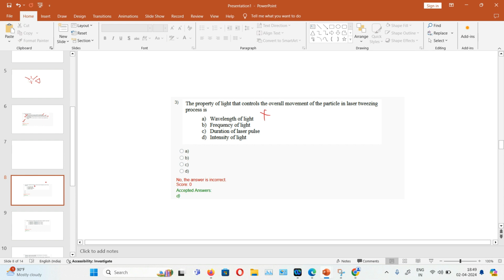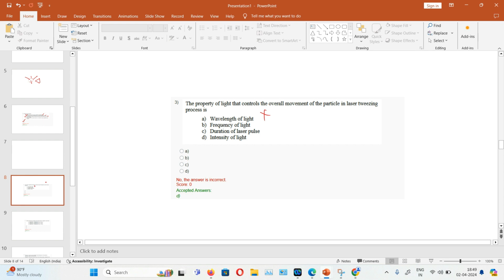So frequency of the light and wavelength of the light almost match, in a particular medium. So we cannot say frequency of the light is the thing which is controlling the fusing action.